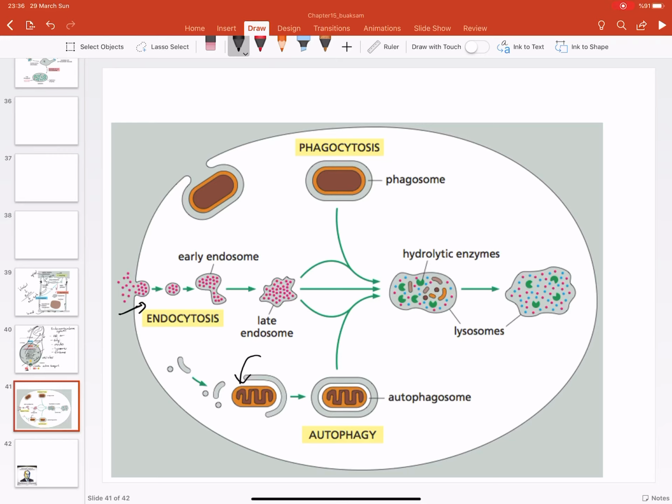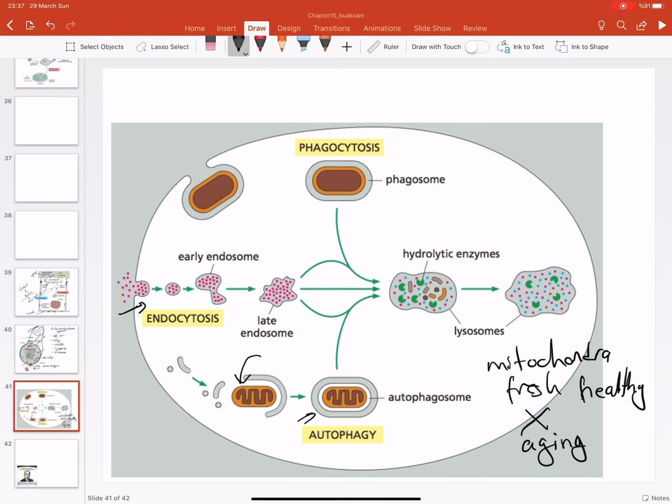So you want your mitochondria fresh and healthy. If they don't stay fresh, healthy, and fully functional, it's a way of aging. So old people usually have older mitochondria, because this autophagy, the killing of the mitochondria, is slow in their body, while young people recycle their mitochondria quite frequently. So the mitochondria are always young, always fresh, and always healthy.